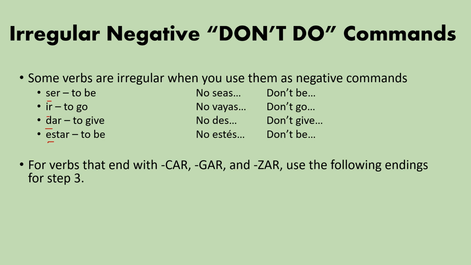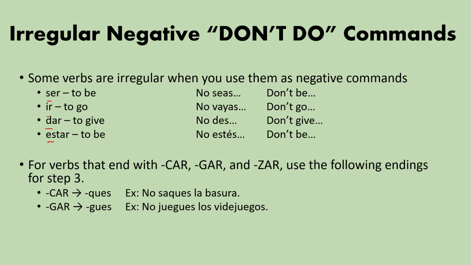So for verbs that end with car, gar, or zar, you're going to use the following endings for that step 3 when you add the opposite. So car verbs go to QUES. For example, don't take out the trash. No saques la basura.